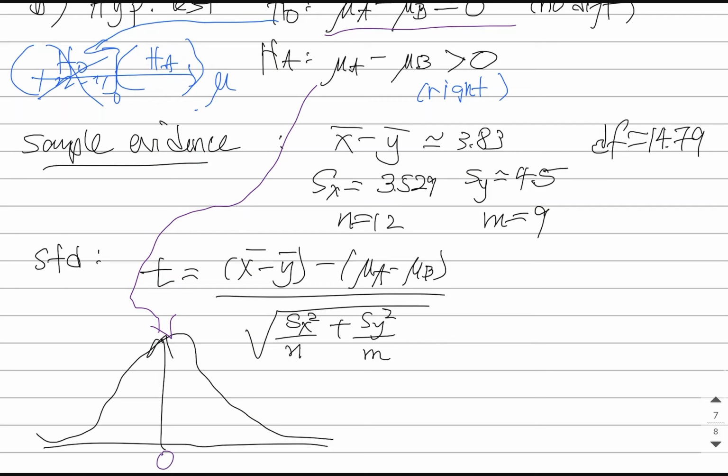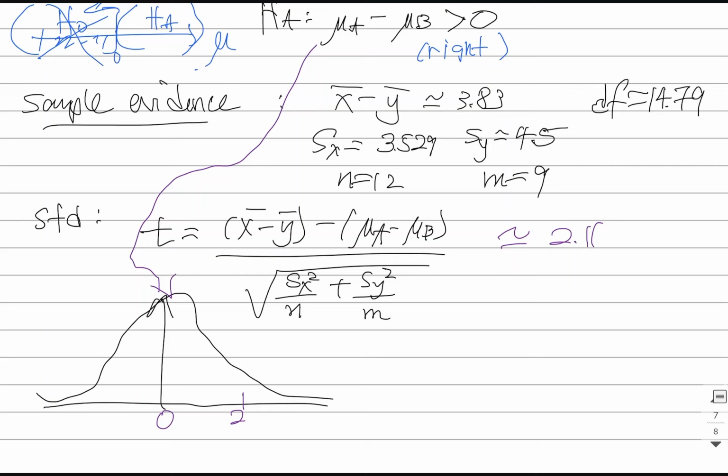And then we're going to say, okay, take a sample from our data. We get a sample value of about 2.11. So again, you can plug all of these numbers in and end up getting about 2.11. This is something that R will calculate for you.